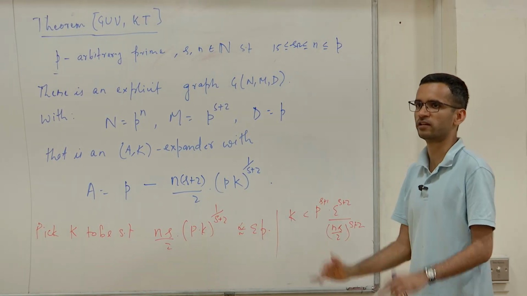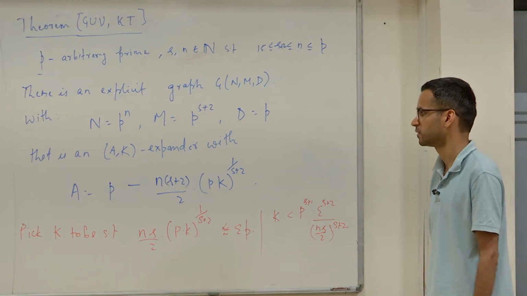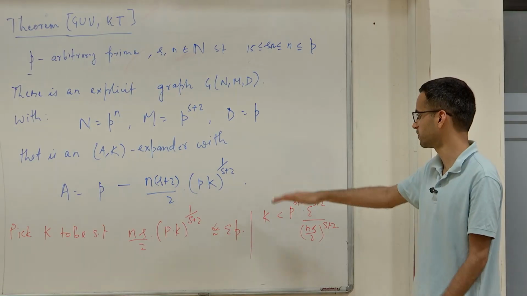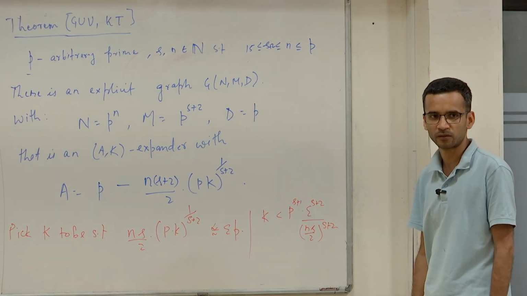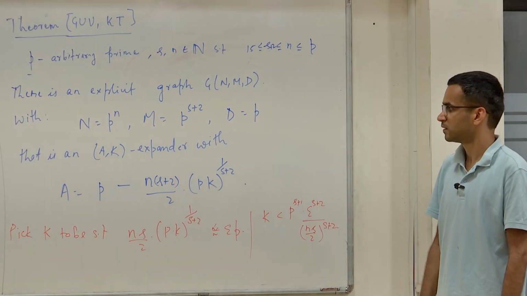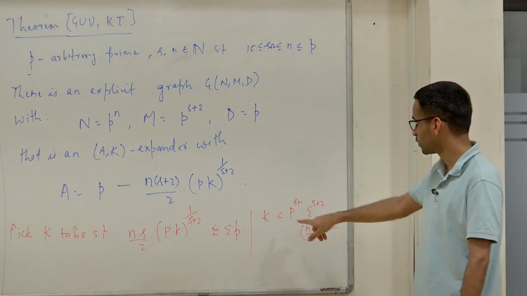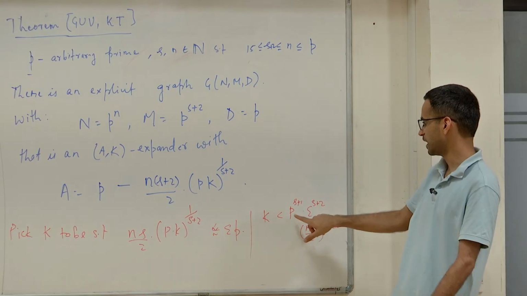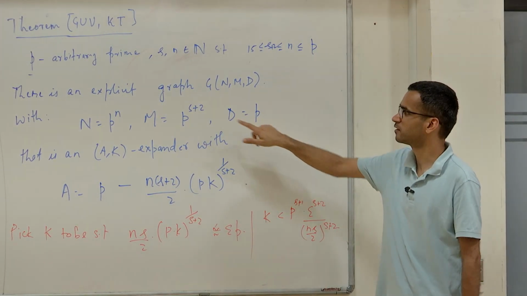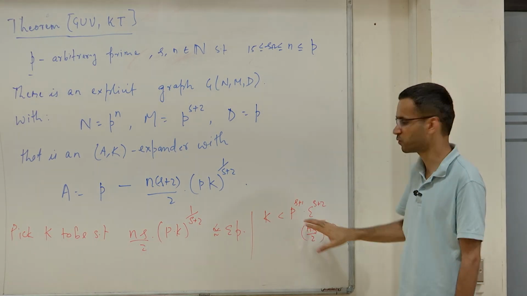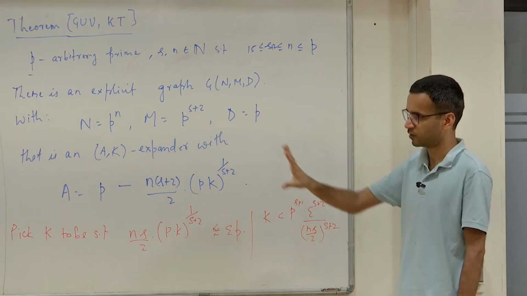You're getting (1 minus epsilon) times d times the size of the set neighbors for sets of size at most this. Just to confirm, k is of that order, right? Notice that it's still of that order. m was p to the s plus 2, d is p, so m over d is p to the s plus 1. There are some constants here, but it is of that order.